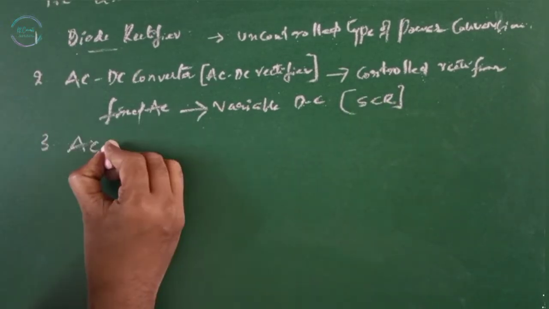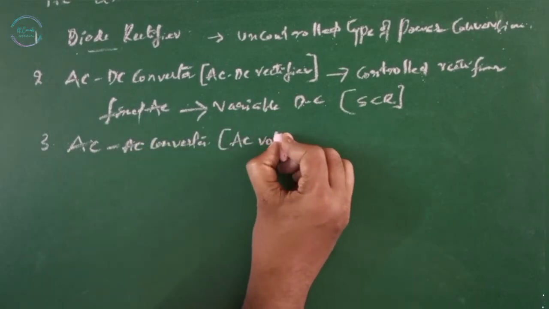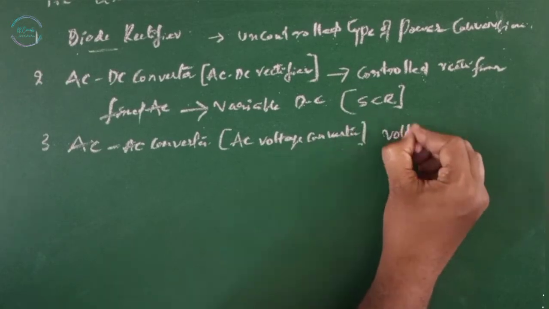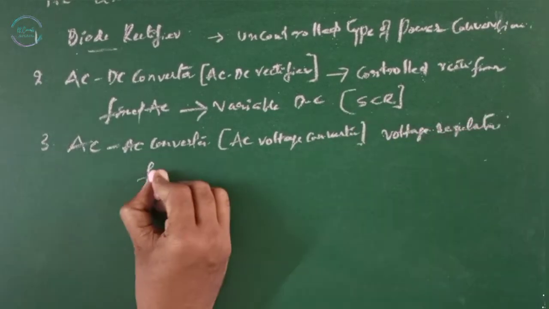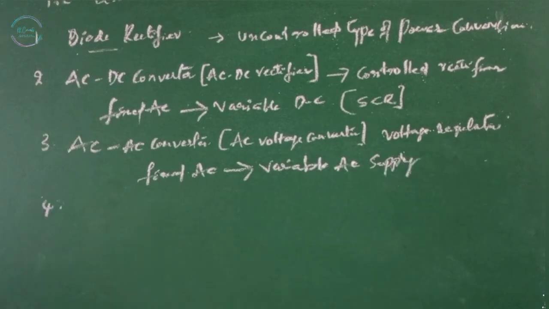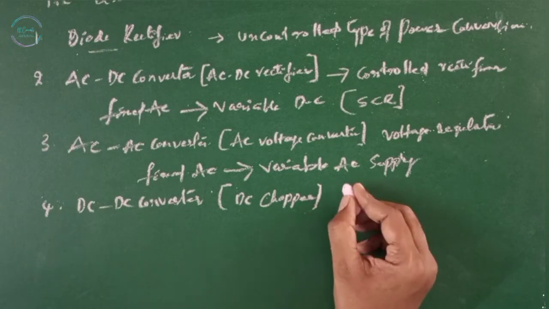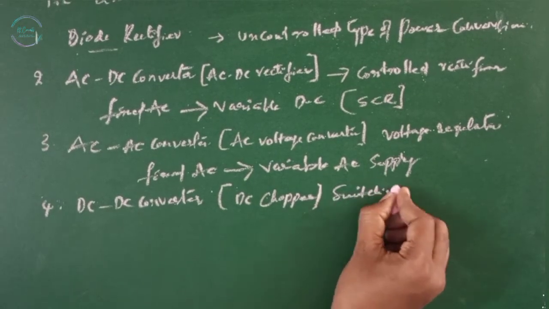And third type, AC converter, is known as AC voltage converter or voltage regulator. A fixed AC supply is converted into variable AC. The fourth one, DC to DC converter, known as DC choppers or switching regulators.